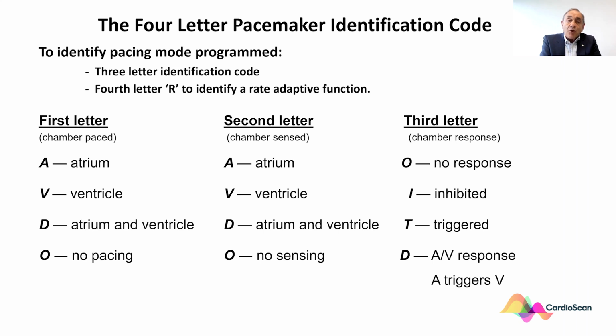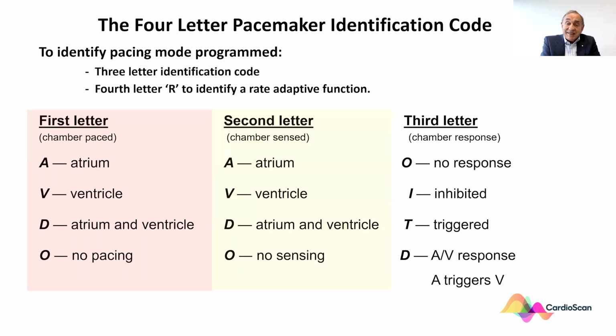Let us look at the 3-letter identification code. The first letter is chamber paced. This can be atrium, ventricle, both of course, with D, and if there is no pacing, then it is O. The second letter is the chamber sensed. Again, atrium, ventricle, atrium and ventricle, or no sensing at all.